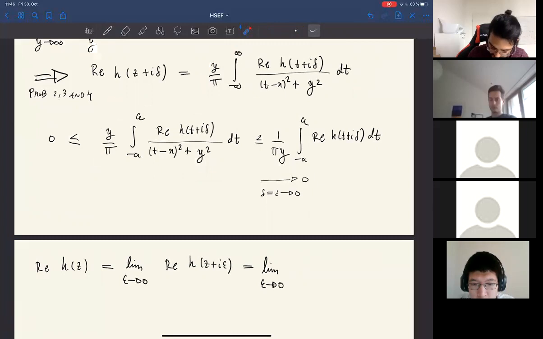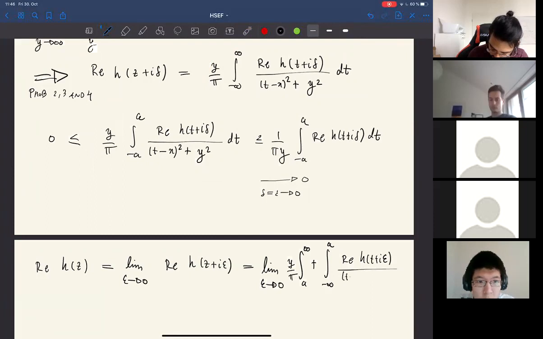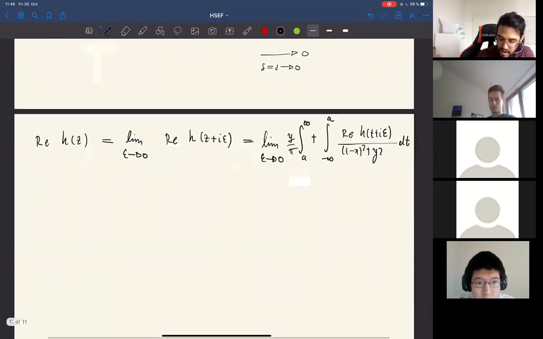So this I can actually make as an integral from A to infinity plus an integral from minus infinity to minus A of whatever I have here, y over pi real part of t plus i epsilon divided by t minus x squared plus y squared dt. Okay, and then we are almost finished.